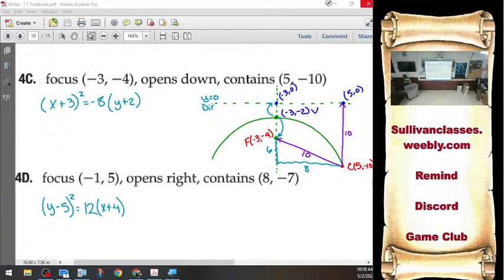Opens right, so y squared, yes. From -4 to -1 is 3. 3 by 4 is 12. Yes. Okay. Good talk.